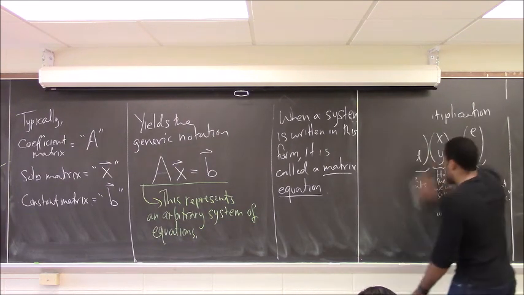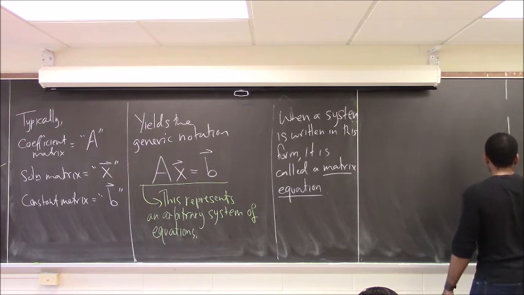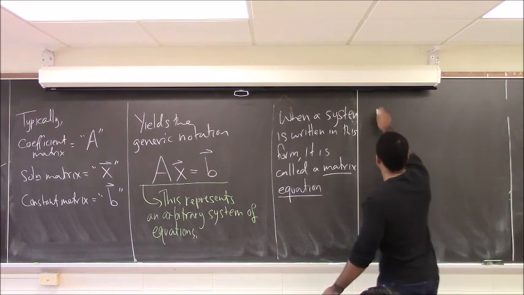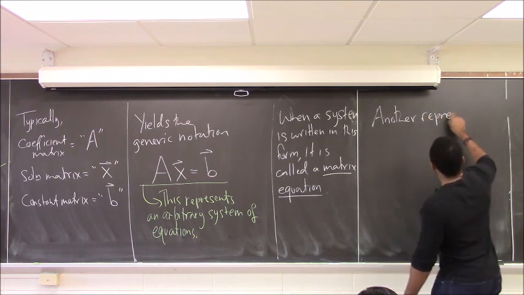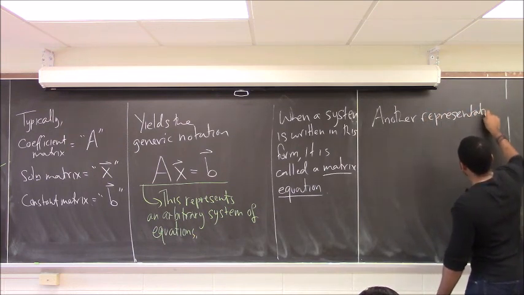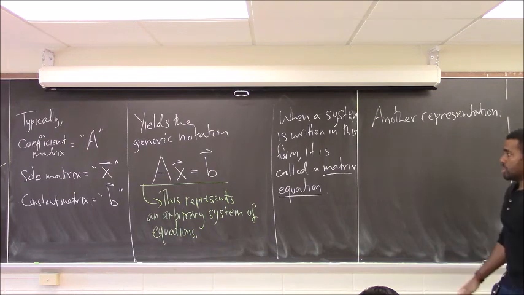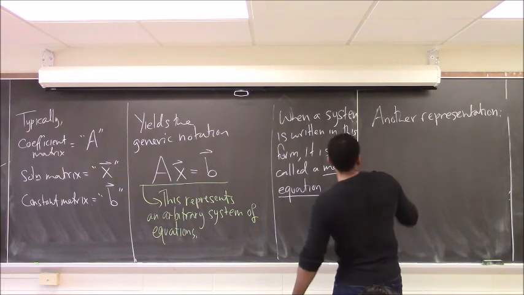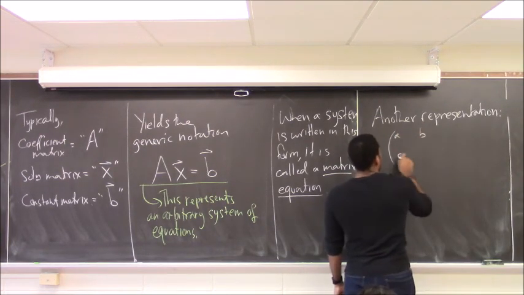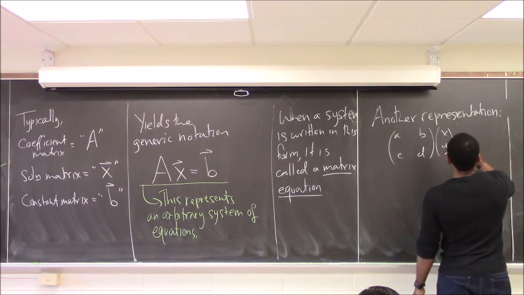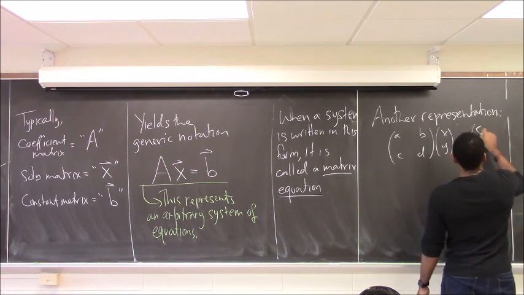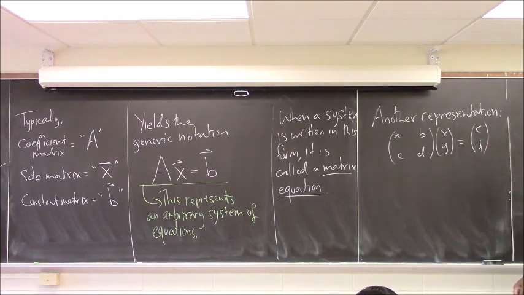Now, there's another representation. Let's say I have A, B, C, D, the X, Y, and the E, F. Sometimes it's kind of superfluous to have these guys around.